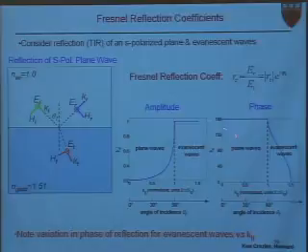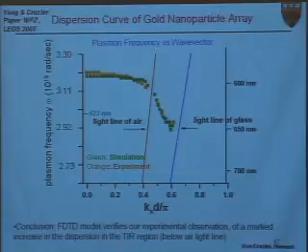We can go beyond that, which corresponds to the case of evanescent waves. And if we look at the phase, we see that the phase of a reflected wave varies quite markedly in this larger k vector region, the region between those two light lines. So that's a clue to what's going on.